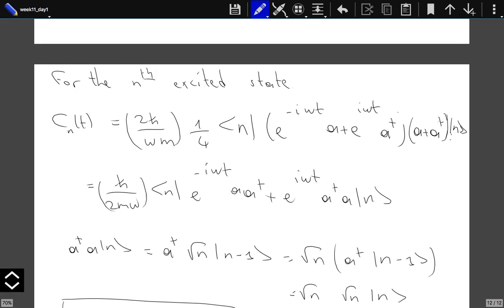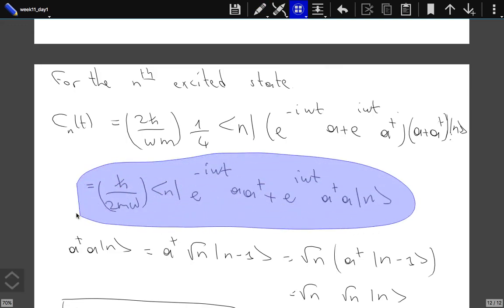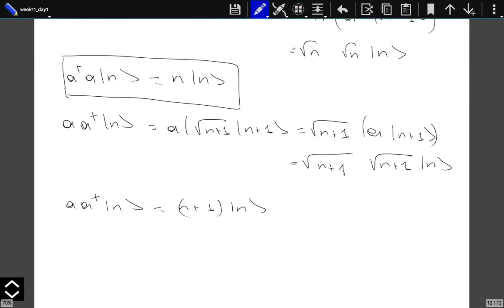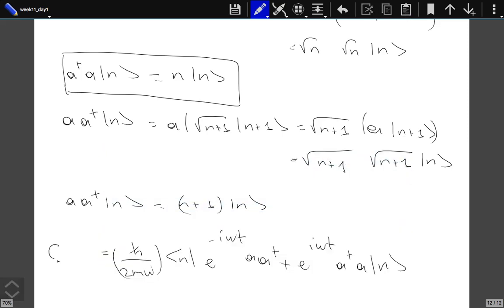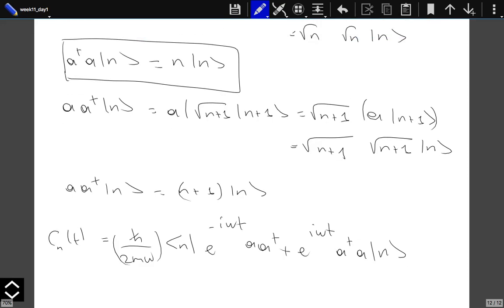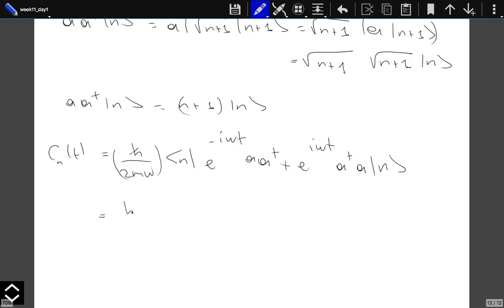So let's go back. This is my Cn of t. This is equal to h bar over 2m omega, e to the power minus i omega t times n plus 1, plus e to the power i omega t times n.